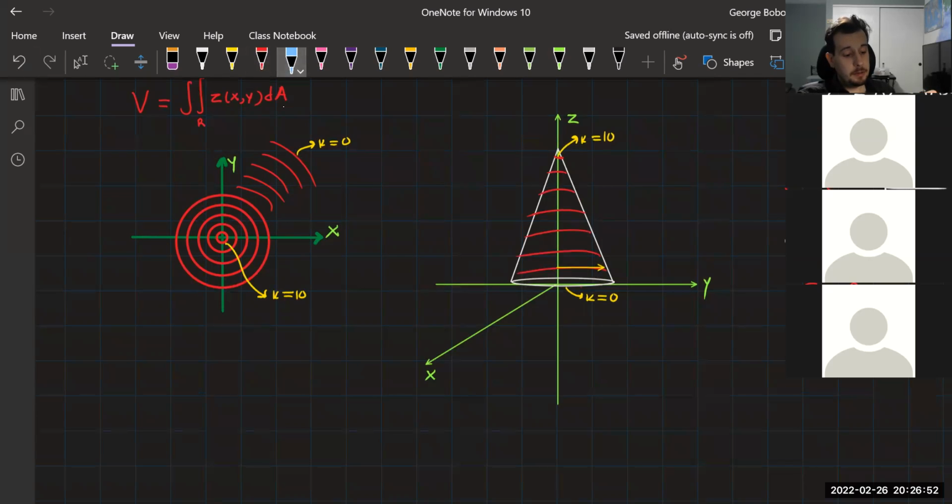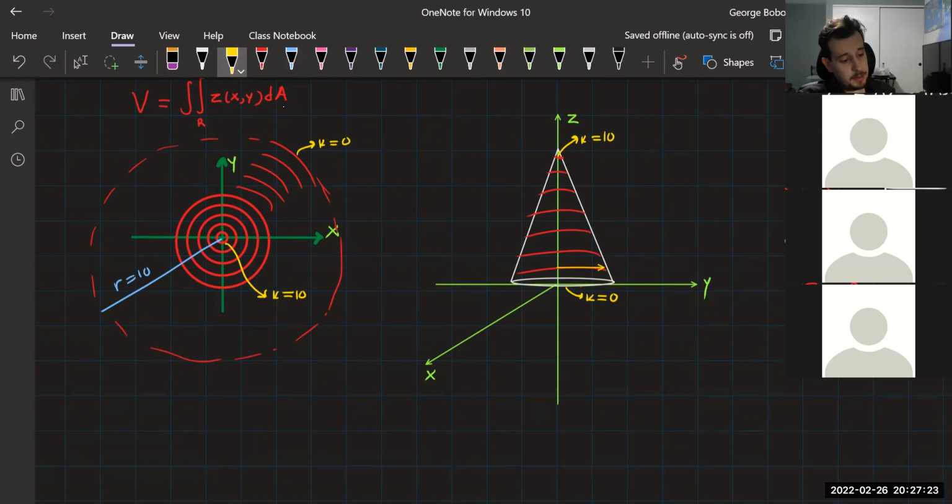But if we're doing the volume of the cone, we've got to integrate this entire space. And clearly this radius here is 10. It starts from 0, and we're going around in circles of 2 pi to space it all out. That justifies the bounds that I told you earlier, but I showed it in a different way.